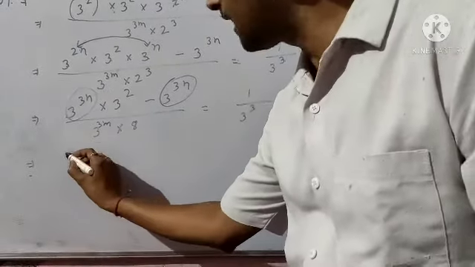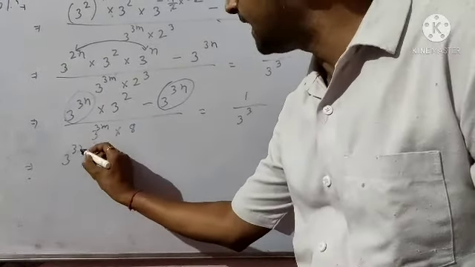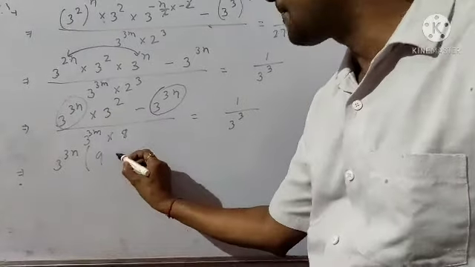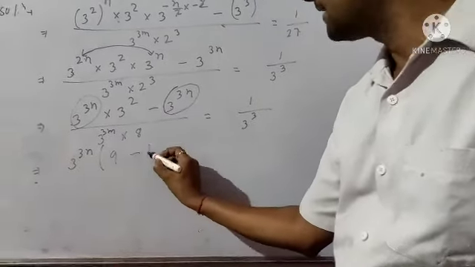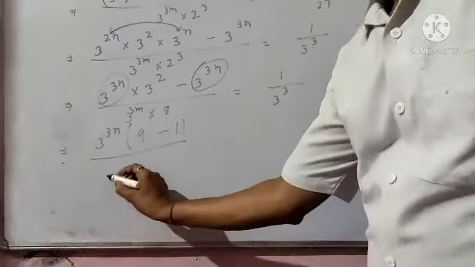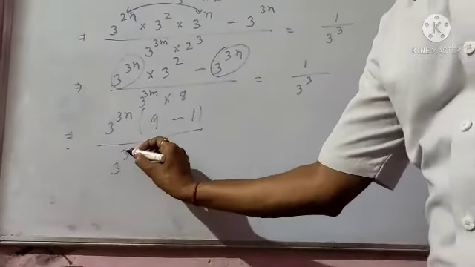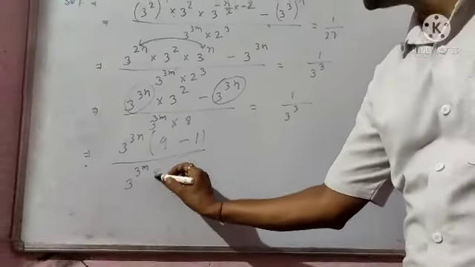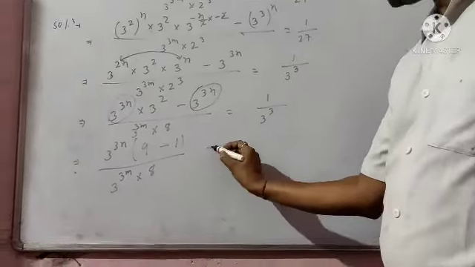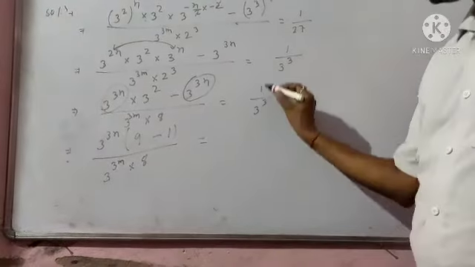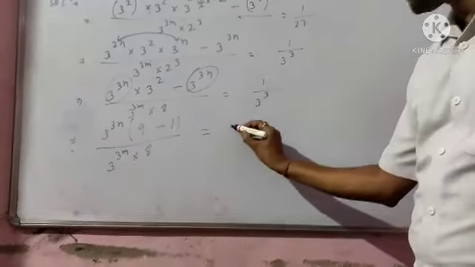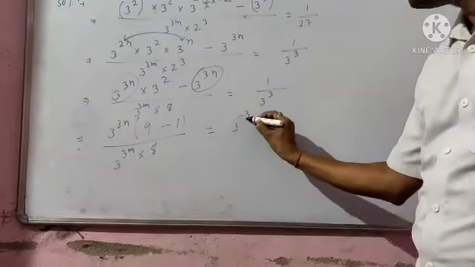So take the common. 3 to the power 3n is the common, and 3 to the power 2 is equal to 9 minus 1, divided by 3 to the power 3m into 8. Is equal to 3 to the power, if this value is in numerator, then we can write 3 to the power minus 3.